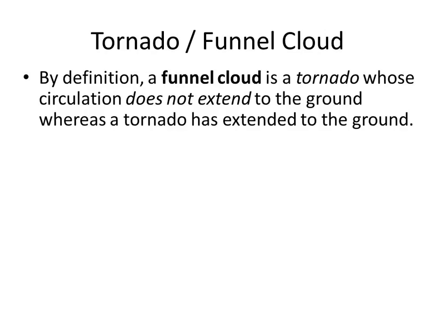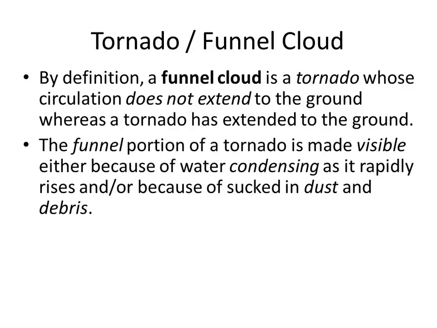Okay, so if you're like me, you've heard of a funnel cloud, and the distinction between a tornado and a funnel cloud is how far it reaches. A funnel cloud is a tornado that hasn't reached the ground. Does that make sense? In my notes I talk about the funnel portion of the tornado.